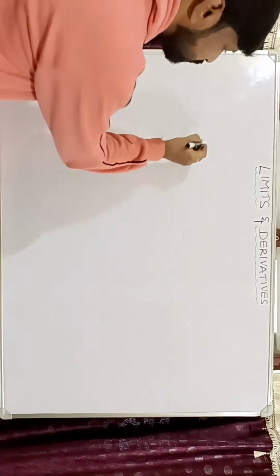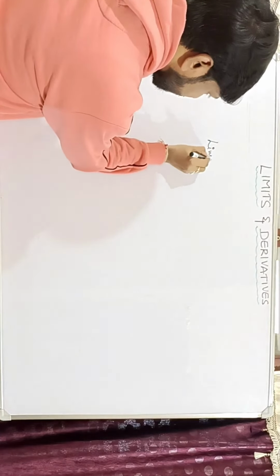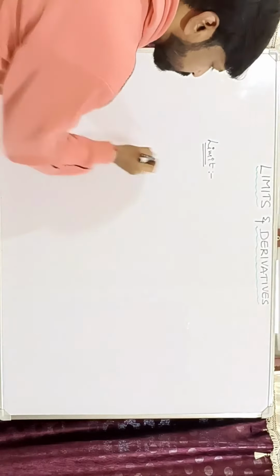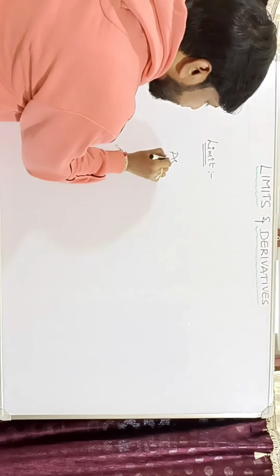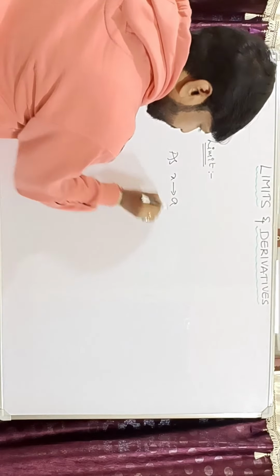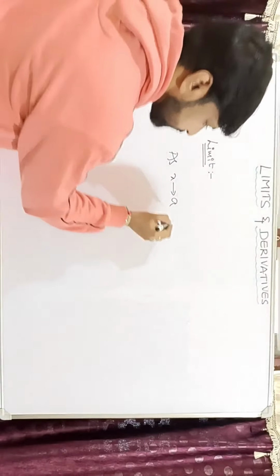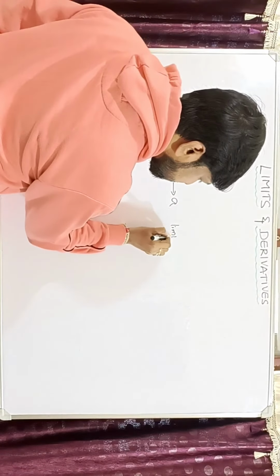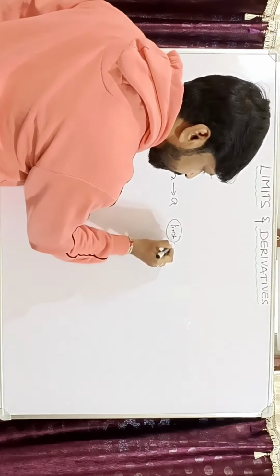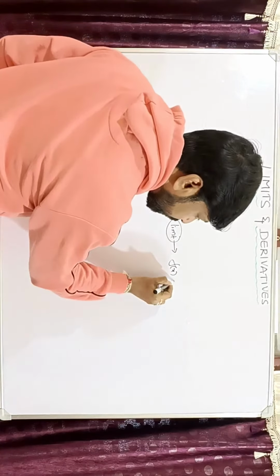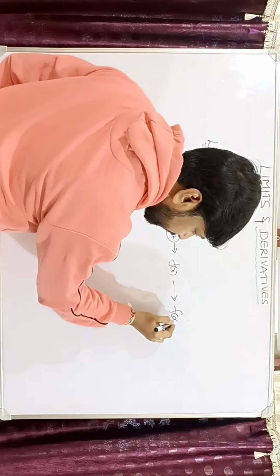So what is the definition of a limit? As x tends to a, the limit of this value means if you take any function f of x, that f of x will change to f of a.